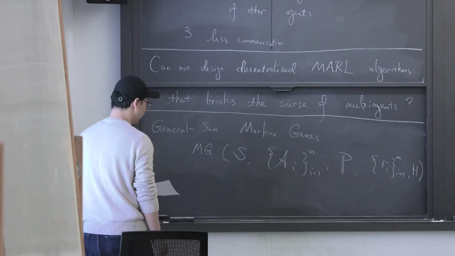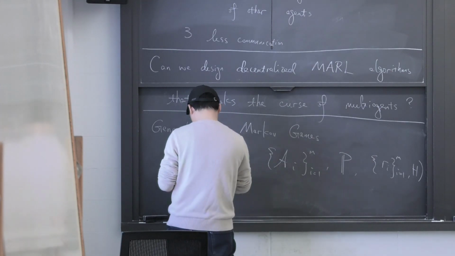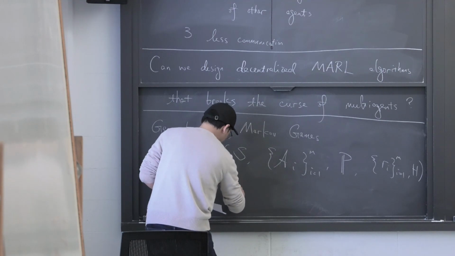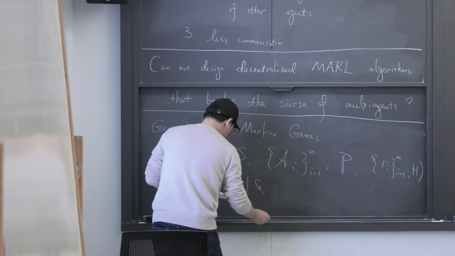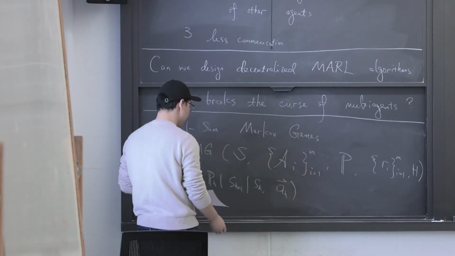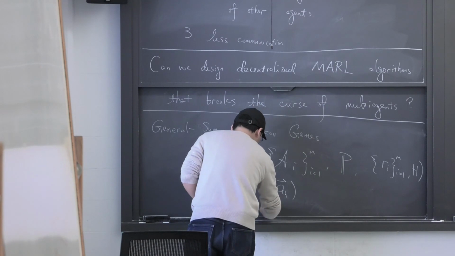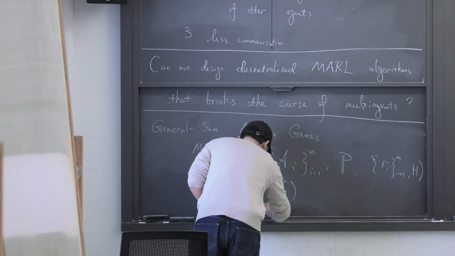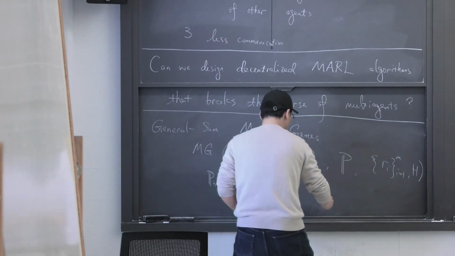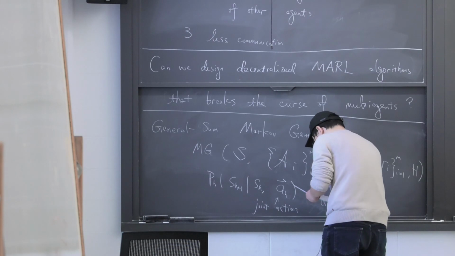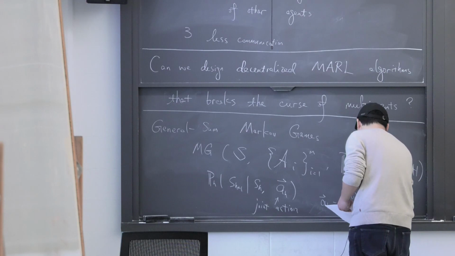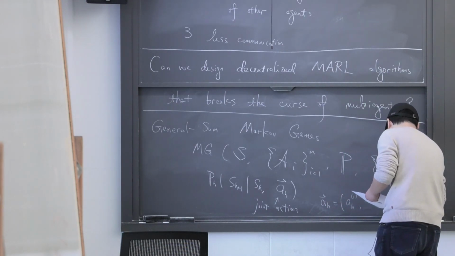Okay, so I think those are pretty straightforward, and the transition is specified as P(s_{h+1} | s_h, a_h), where sometimes I will just use a_h with vector notation, and this is a joint action. Where the vector a_h means we have the action of the first player, the action of the second player, and also the action of the Mth player.